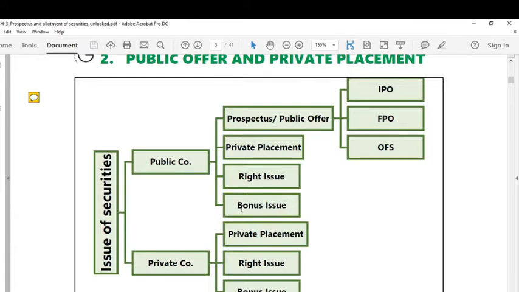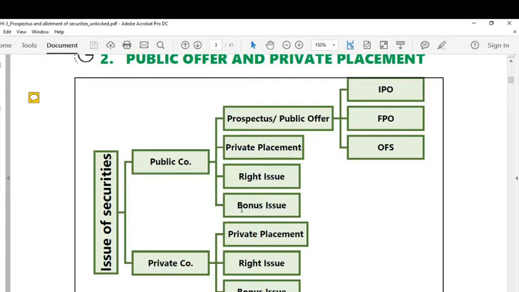These are the bonus shares which are issued by a public company to either its employees or its existing shareholders. Right shares will normally be issued to the existing shareholders only. When it comes to bonus shares, they can sometimes be issued to the employees as well.